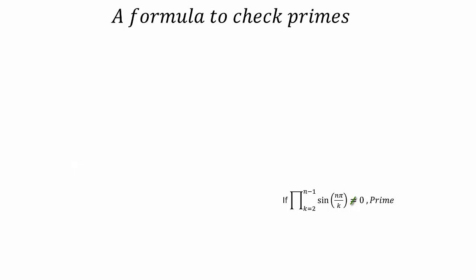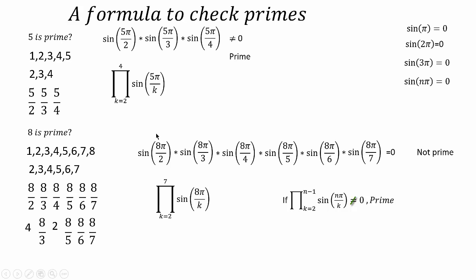Do you have some ideas for simplifying this expression? Mathematicians have long been working on how to check primality in the shortest time. The good news is that everyone can create or use this formula to check if a number is prime, because it uses a simple intuition, the sine function.